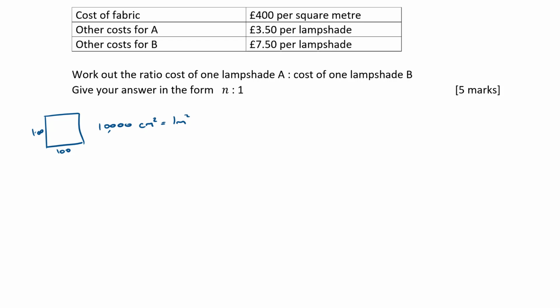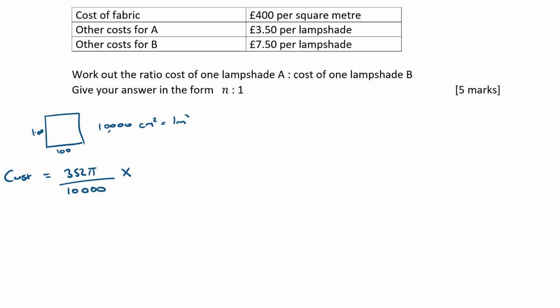So then the cost of this is going to be our 352 pi, which is our area, but that's in square centimeters. So we need to divide that by 10,000 to get square meters, and then times it by the cost of 1 square meter, which we said was £400.